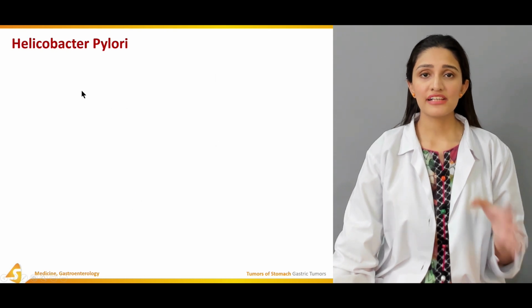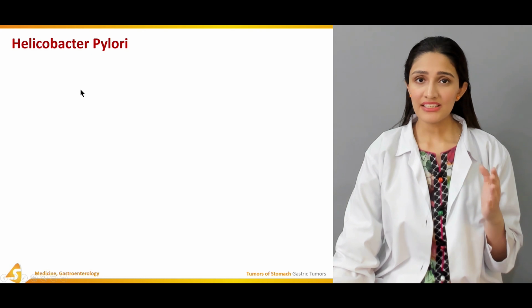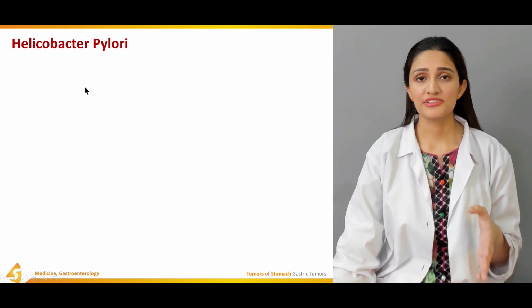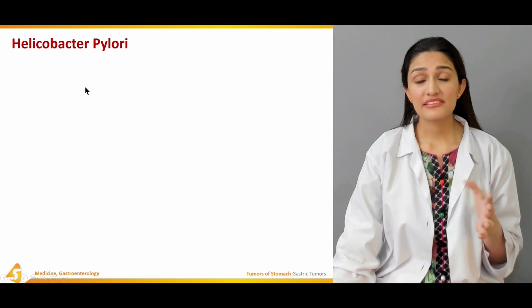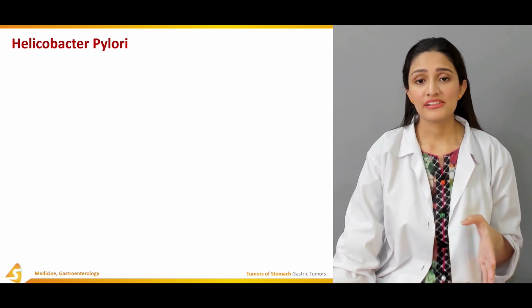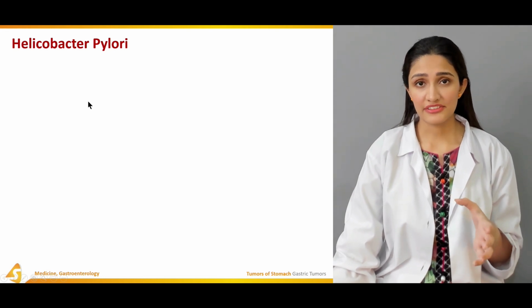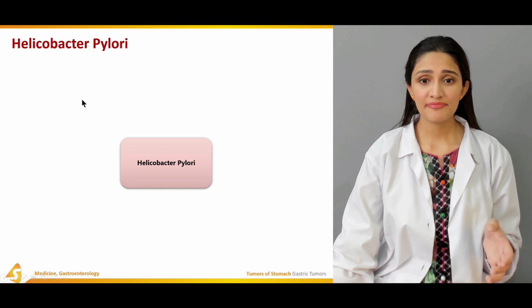If we talk about Helicobacter pylori infection specifically, it is a worldwide known infection, and it infects almost half of the population of the world, and is known as a primary etiological factor of gastric cancer.